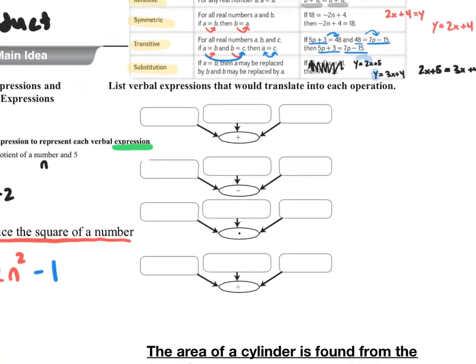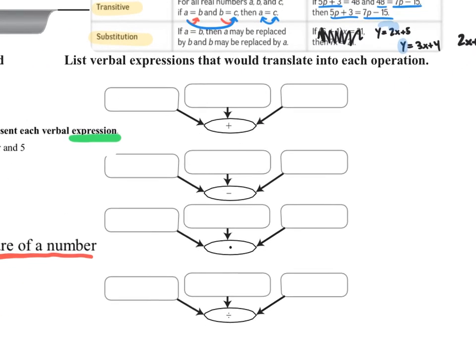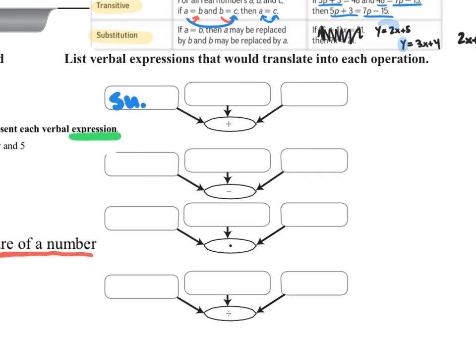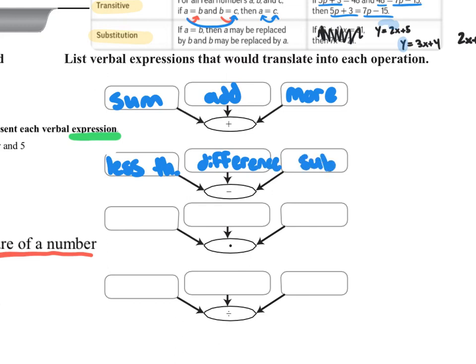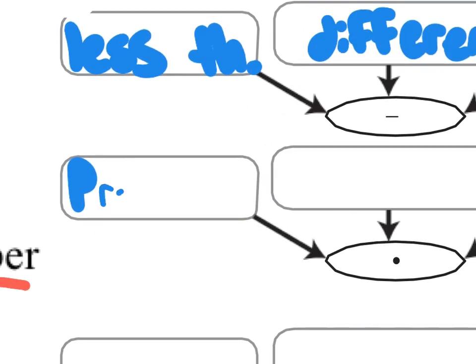This chart is a more formal spot for us to write down what these things mean. Addition could mean sum, add, more. Subtraction could be less than, could be difference, or they might just say subtract. For multiplication, they may say product.